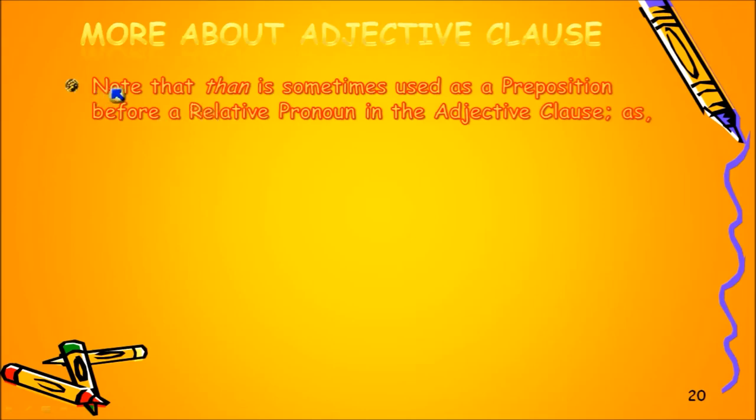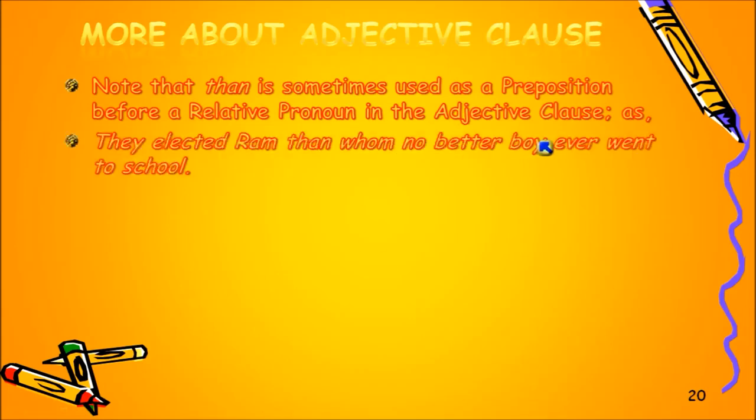than. Note that than is sometimes used as a preposition before a relative pronoun in the adjective clause. As they elected Ram, than whom no better boy ever went to school. So the adjective clause, whom no better boy ever went to school, is introduced with than as a preposition.